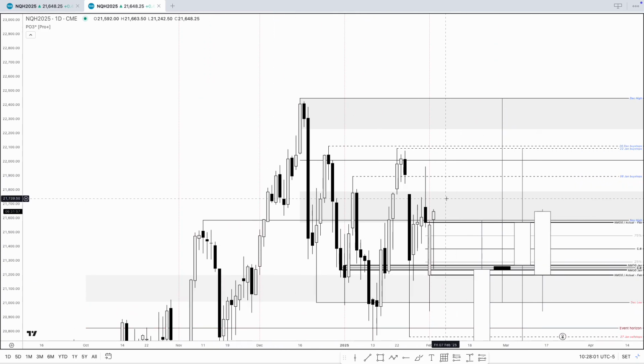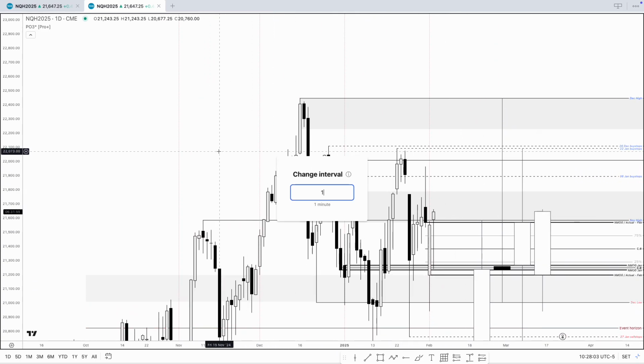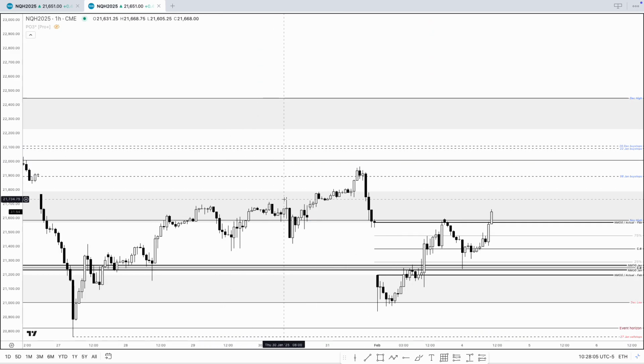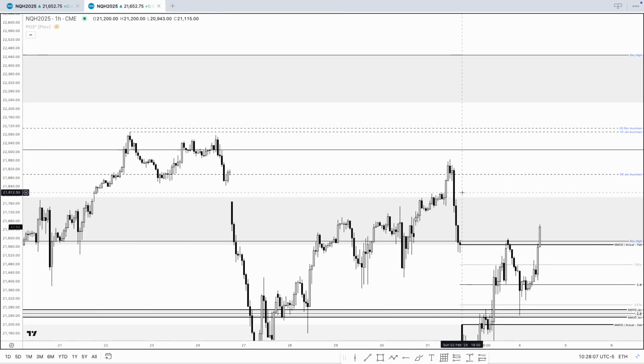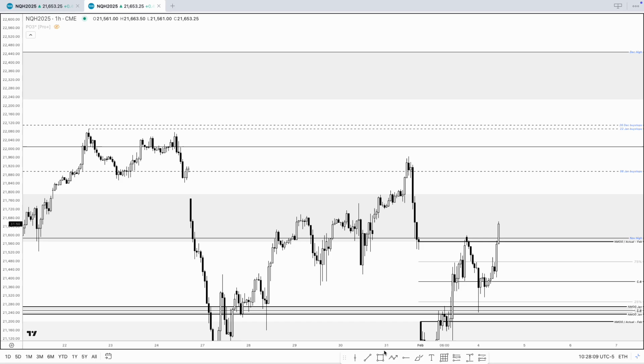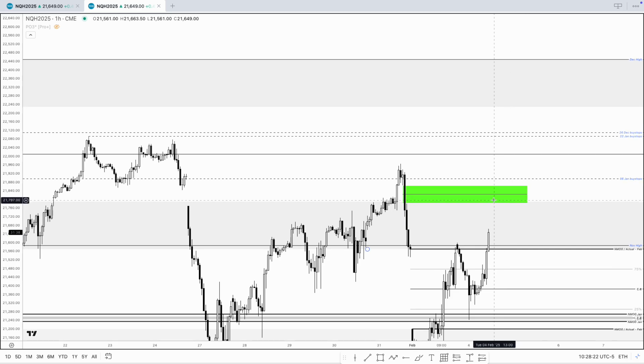So the next target, if we move on to the hourly chart, should be this imbalance that is aligned with the lower portion of this range here. I'm not saying that we are going to reach that level today, but this is the draw for now.